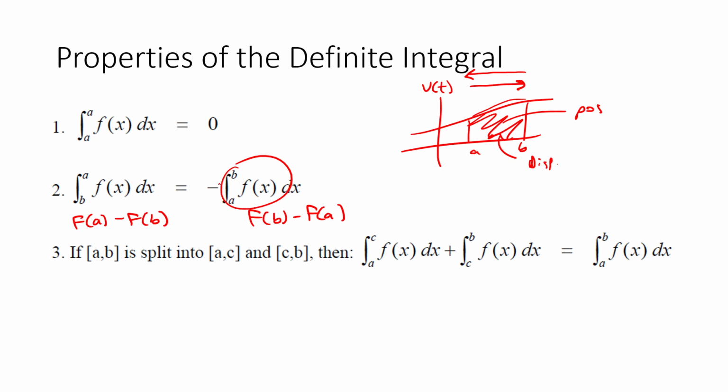So we need that negative sign. That's where that's coming in. If you do 7 minus 5, or you do 5 minus 7, if you switch the order, you get the same answer, but opposite signs. So if you switch the bounds of an integral, it becomes the opposite of what it used to be.